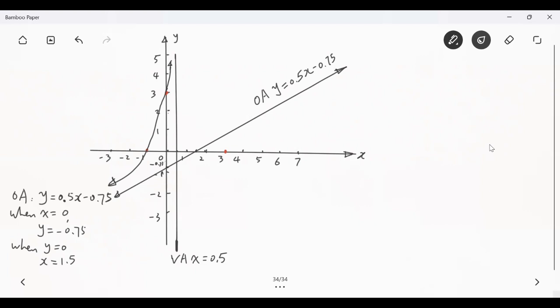When x approaches negative infinity, y approaches 0.5x minus 0.75. On the right side, when x approaches 0.5 from the negative side, y approaches positive infinity, right? And then the right side passes through 3, 0. And it's a curve like that.